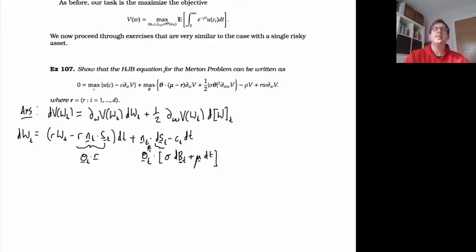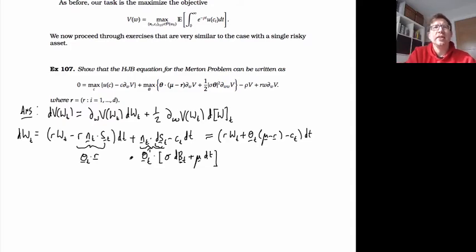Okay, so that's what all of this expression is going to give me. Just collecting that together again, collecting all the dt terms and all the dBt terms, this is equal to r of w_t theta bar, mu minus r, so the r coming from here and the mu coming from here, minus c_t dt.